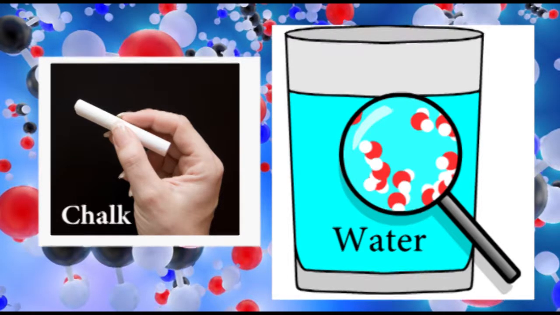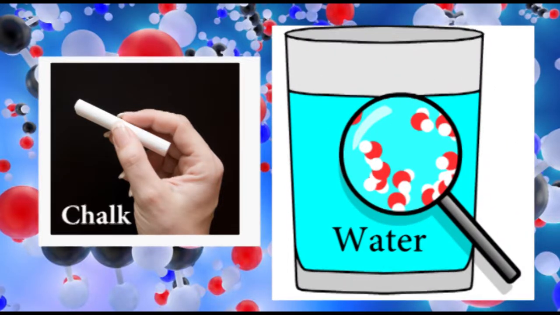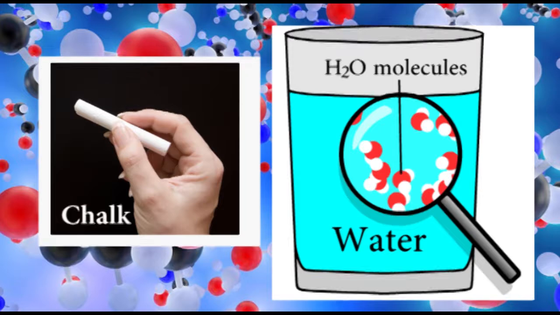For instance, water is made up of elementary building blocks, and the building blocks of water are the H2O molecules. The atoms that make up these molecules are hydrogen and oxygen.